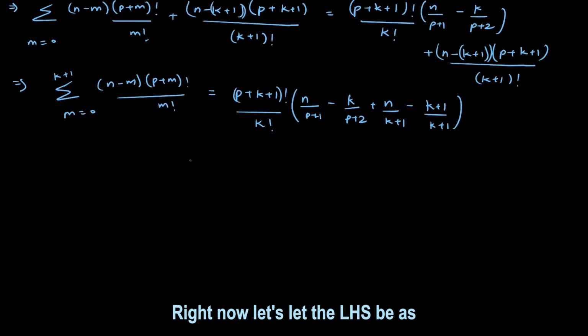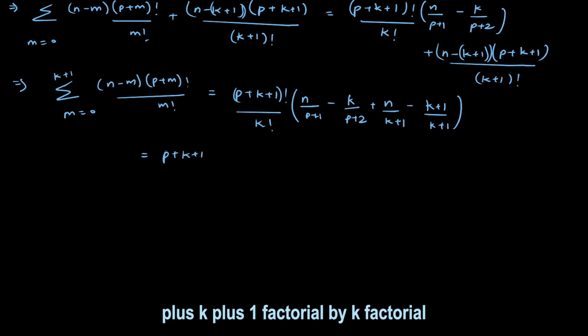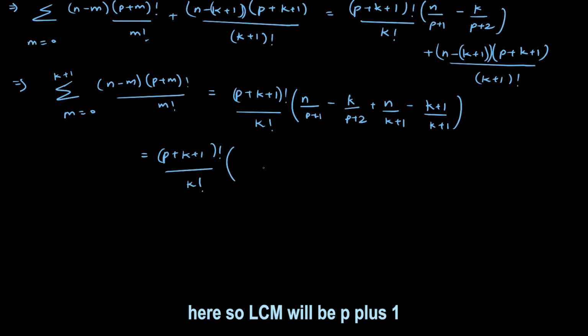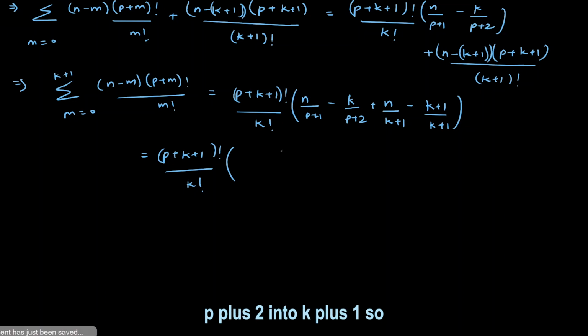Now, let the LHS be as it is, and let's take the LCM on the right-hand side. We get (p plus k)! by k!. The LCM will be (p plus 1)(p plus 2)(k plus 1).